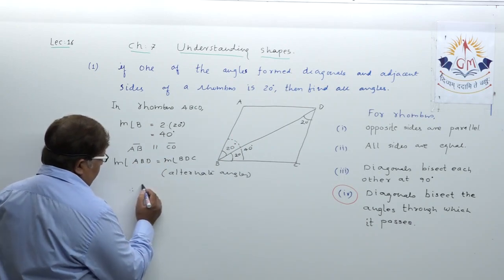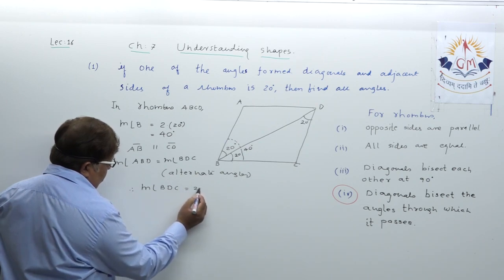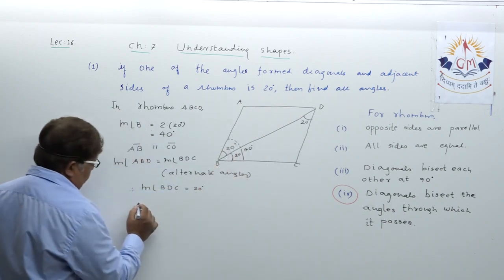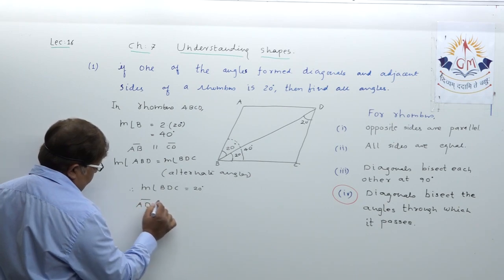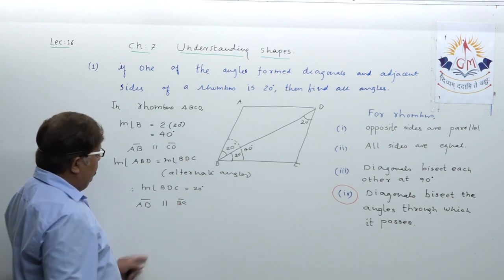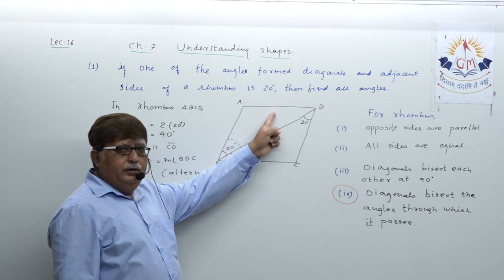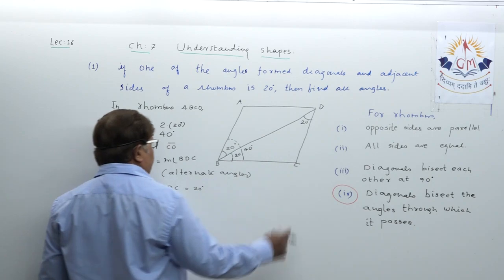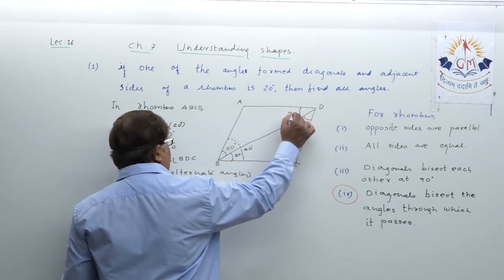Therefore, measure angle BDC equal to 20. Similarly, dear student, you can mention AD parallel to BC. Once I write, I will show you here, AD parallel to BC will again form another pair of alternate angles.